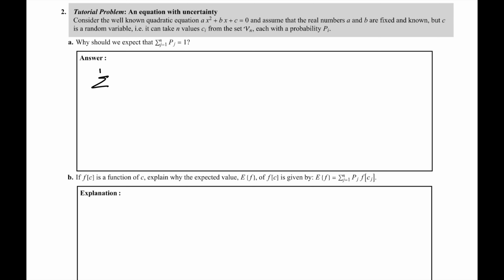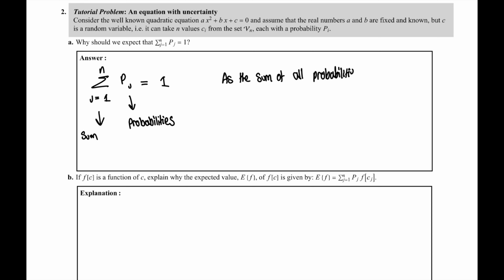So the sum from j equals 1 to n of p_j is equal to 1. What this is saying is the sum of probabilities is equal to 1. We should expect this as the sum of all probabilities in a set should equate to 1.